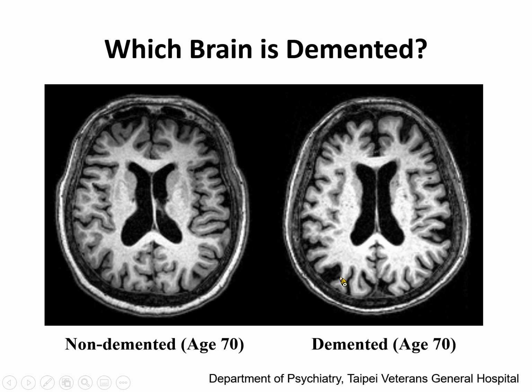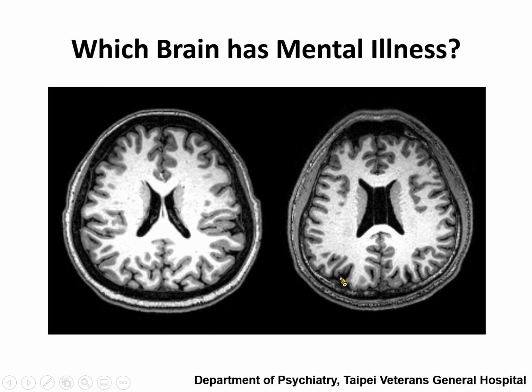That's why even for a neurological disease like Alzheimer's disease, it's not very easy for doctors to look at the MRI to make a diagnosis. And even more difficult are the psychiatric disorders.